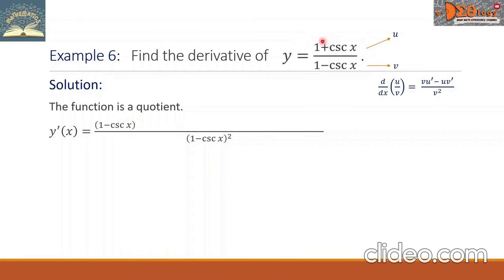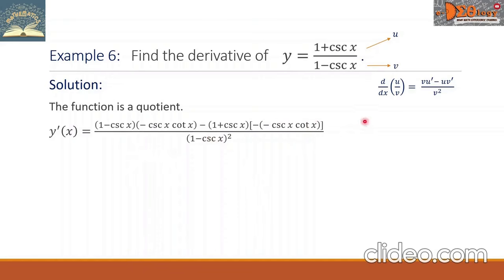Derivative of 1 is 0, derivative of cosecant x will be negative cosecant x cotangent x, then minus. We copy the numerator, and it is here, times the derivative of the denominator. Derivative of 1 is 0, minus derivative of cosecant x, we will have this negative cosecant x cotangent x.